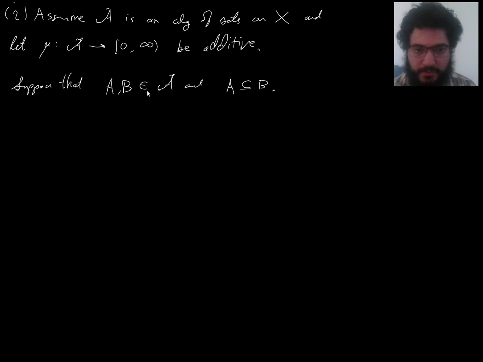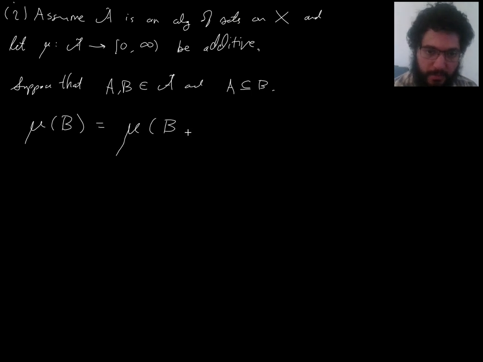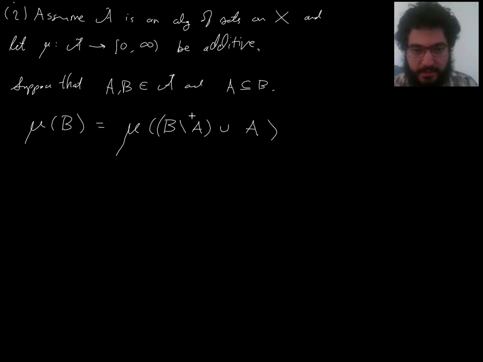So suppose you have two things in the algebra of sets, A and B, and you have this inclusion A subset B. Then here's a way to look at it. Rewrite B as B remove A union A, like this. Now, first of all, B is equal to B remove A union A.